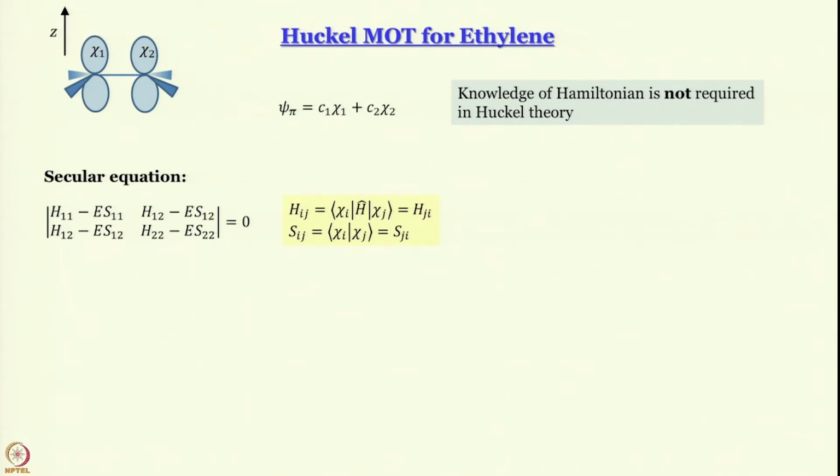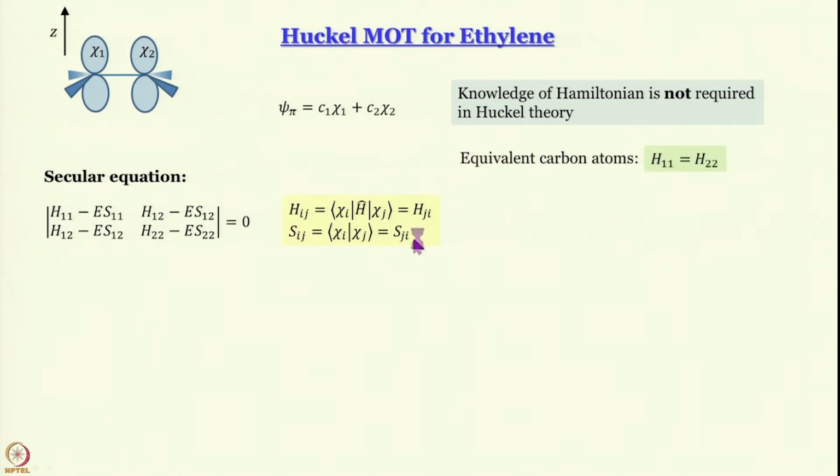So, I do not need to know what the Hamiltonian looks like. That is what makes Huckel theory very advantageous, but it is also a little dangerous because from this point on one might start forgetting all that we have learned, right, because then we get some integrals and even if we do not know anything before, we will actually be able to get the right answers. So, that is the danger of things that are easy, one needs to be careful about that, right.